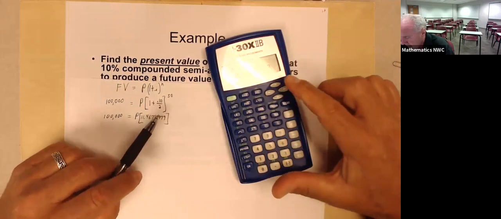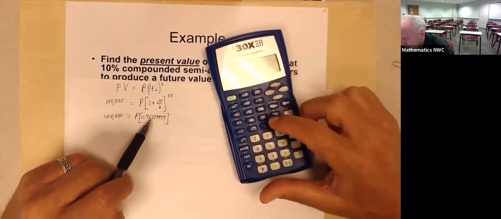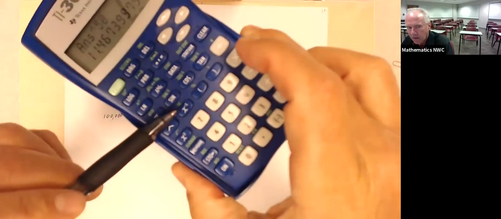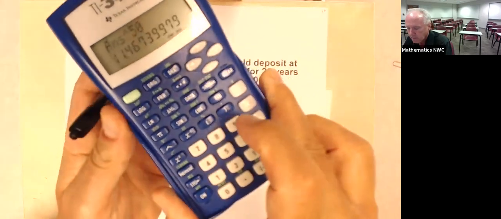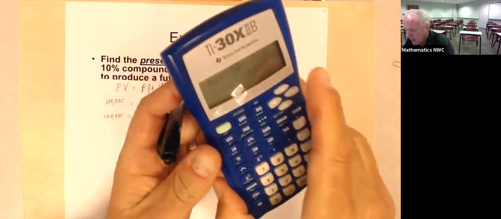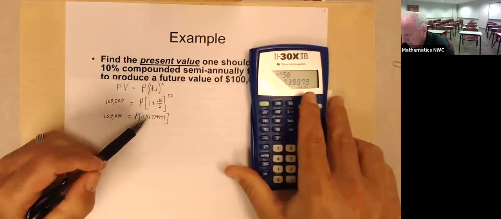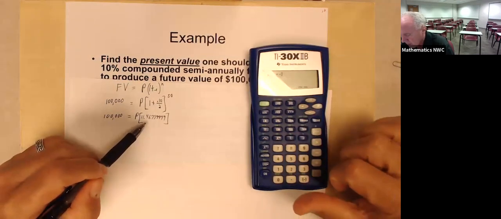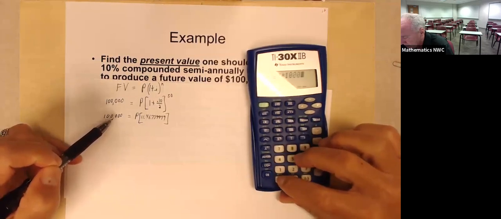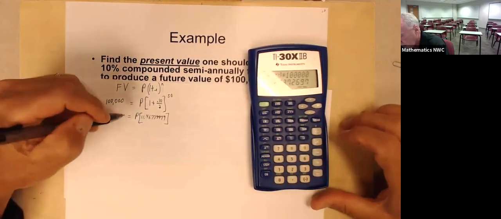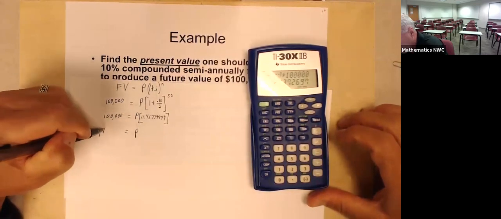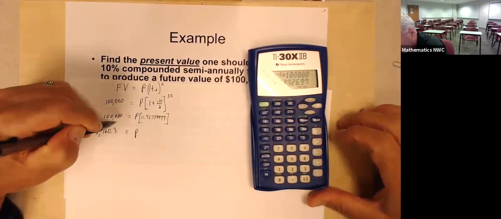A shortcut, I have this long number on my screen. I can punch this x to the -1 right here. That will reciprocate that. That'll take that long decimal, put it as a reciprocal, take it times 100,000, times now there. And you get that original principal to be, in this case, 8,720.37.